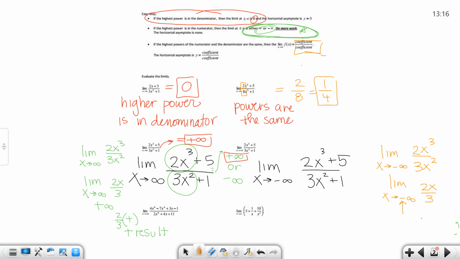If I plug a negative expression in here, 2/3 times a negative number would give me a negative result. That means the answer to this one would be negative infinity. And that's how that one would look. Now I need to make a little bit of room, so I'll go to another video and we'll come back.